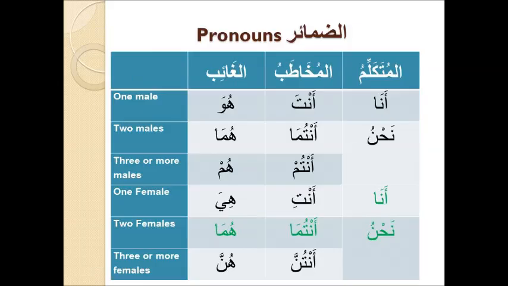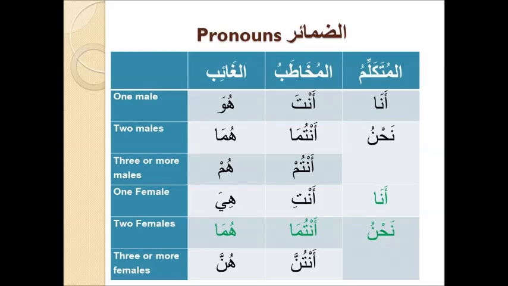We took the separate subject pronouns, the speaker, singular, أنا, or dual or plural, نحن, for both masculine and feminine. المخاطب, single male, أنت, two males, أنتما, three or more males, أنتم, one female, أنتِ, two females, أنتما, and three or more females, أنتن.